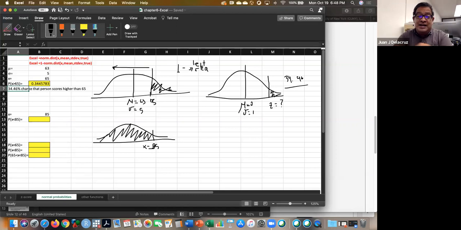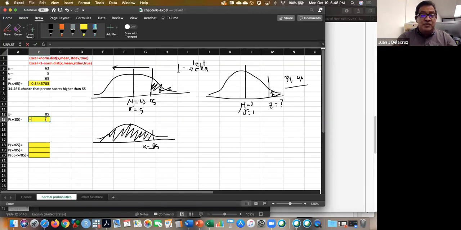Of course, it's going to be almost the complete class, right? So if I ask what is the probability that I find a person that is more than 85, probably the probability is going to be very low. But anyways, here I'm going to use the first one because I'm going to measure the area under the curve, so I don't need to subtract anything.